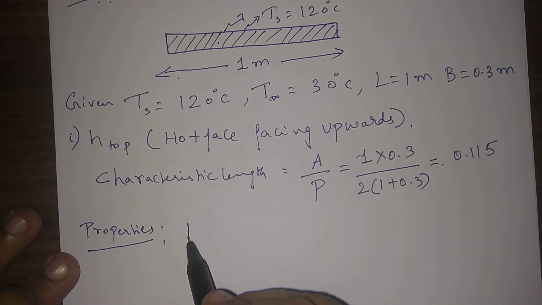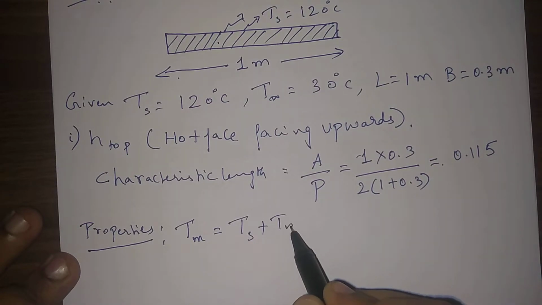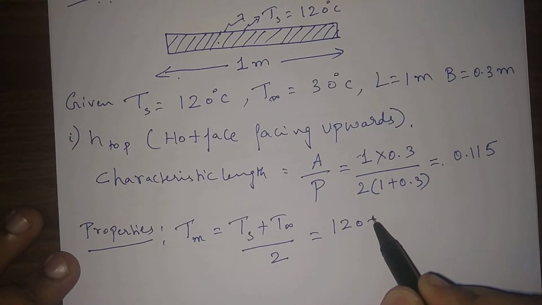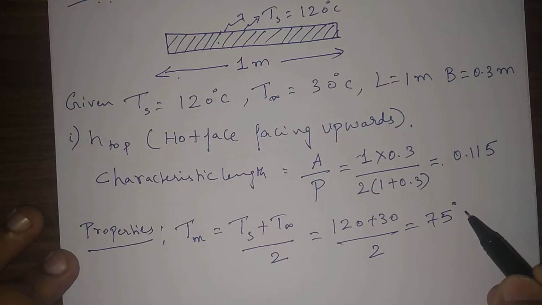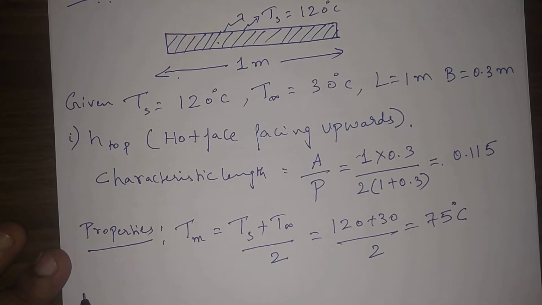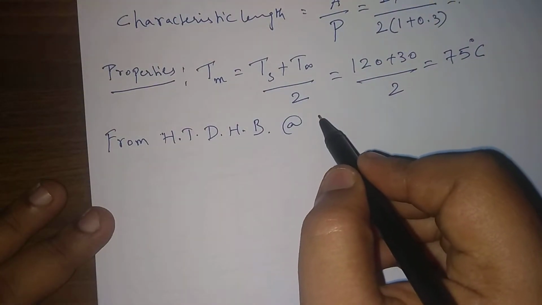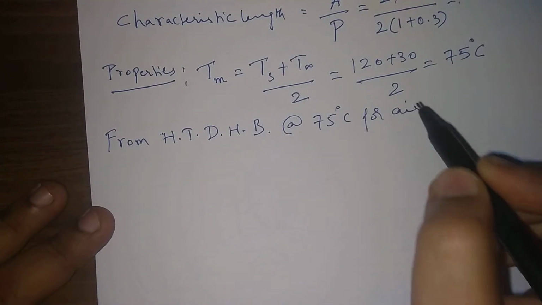Now how do we find out the properties? Again, find out T mean, that is (Ts plus T infinity) divided by 2, which is 120 plus 30 divided by 2, which is 75 degrees centigrade. Now from the heat transfer data handbook, at 75 degrees centigrade for air, what are the properties?